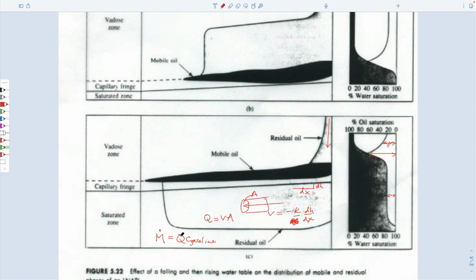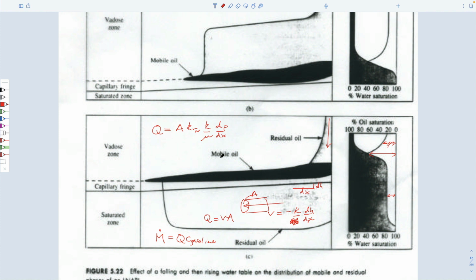And you know the rate at which you can pump the water because you know that Q is equal to area, relative permeability of water, permeability, viscosity of water, change in pressure gradient. I wrote it in head here just because physically the inclination of the water table represents that.